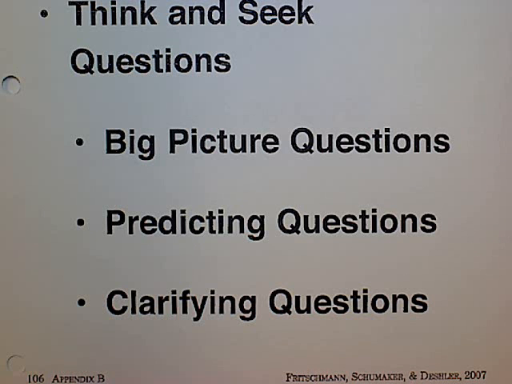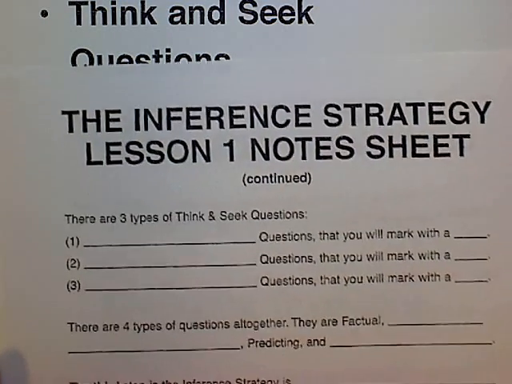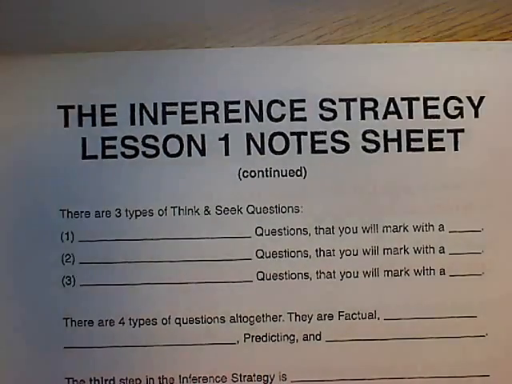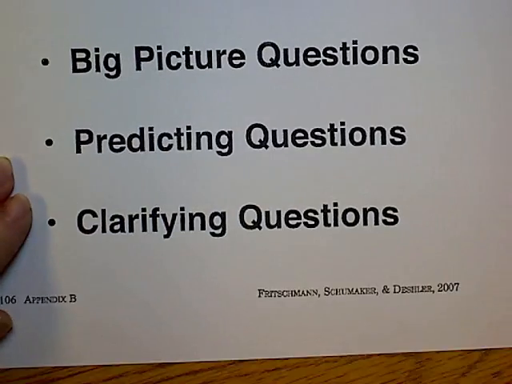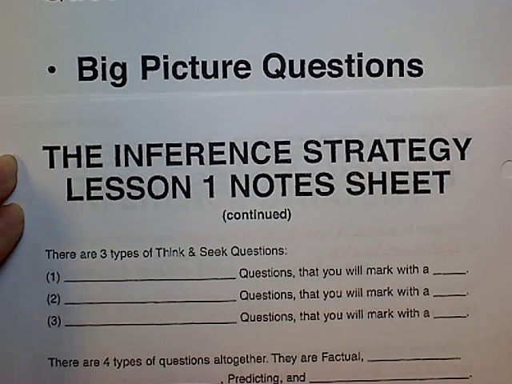Now let's go through our 3 types of think and seek questions and see if we can figure out what code we would put for those. Let me see if I can find a way so you can see some of these at the same time. Alright, that'll work for right now.